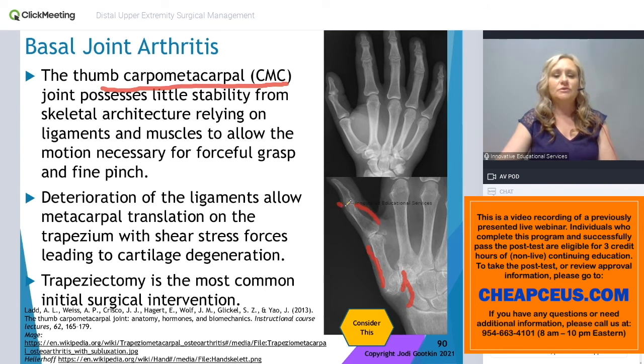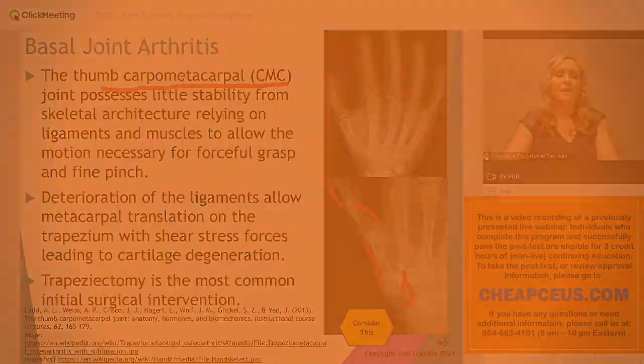That shifts all of the joints more proximally because there's such an abduction force placed across the thumb region. What happens over time is that if the base is shifted, then everything topples going further up. So surgical intervention may be necessary to restore some functional use of the hand.